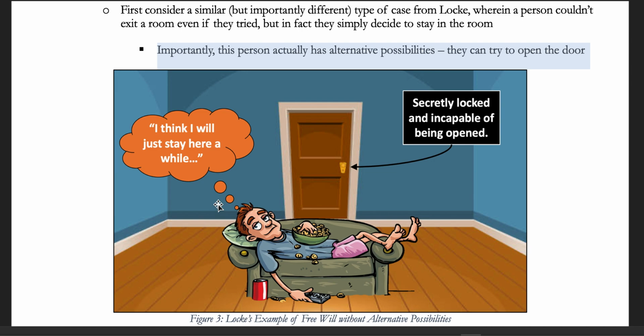But the point here is that, well, he still had another possibility. He could have tried to get out. And that other possibility is at least partially what grounds or justifies us saying that he's free in deciding to stay. Okay, because he had that alternative possibility to try to get out.